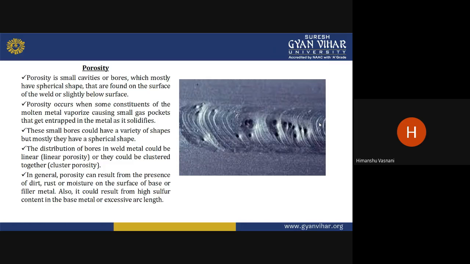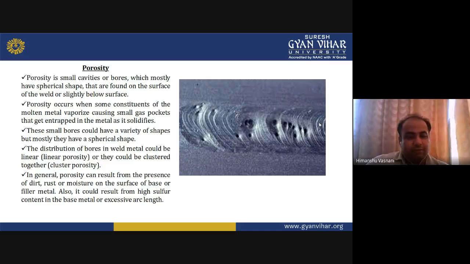So we can say that in general, porosity can result from the presence of dirt, dust, or moisture on the surface of the base or filler metal. It could also result from high sulfur content in the base metal or excessive arc length.